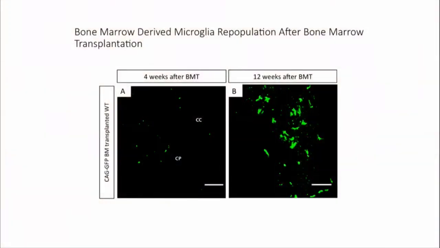First of all, we just wanted to see whether green cells get into the brain. So we put green cells into a radiated mouse and looked into the brain, and they do get into the brain. That's good.